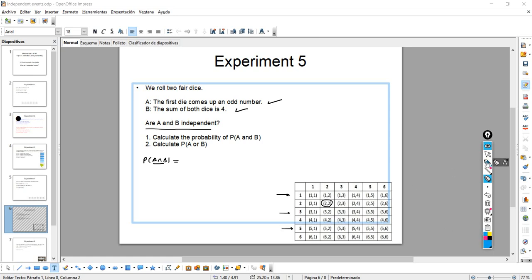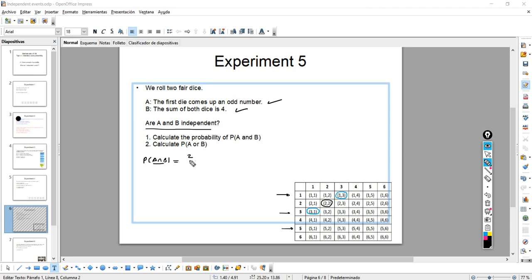For this event and for this event, both A and B are happening at the same time. The first die is an odd number, 3 and 1, and the sum of both dice is 4. 3 plus 1, 4, 1 plus 3, 4. So only two outcomes are favorable to this particular event.